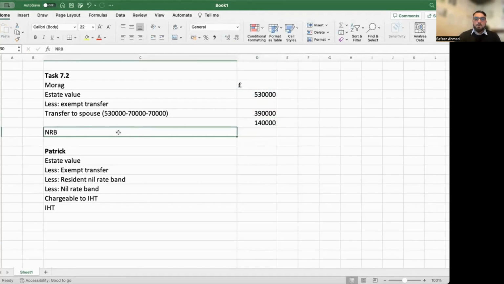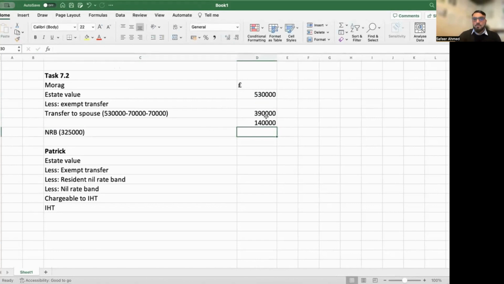Now remember that this person has not made any lifetime transfers, which means that the entire 325,000 of the nil rate band is available. But it will be limited to whatever this amount is, just to cover that.